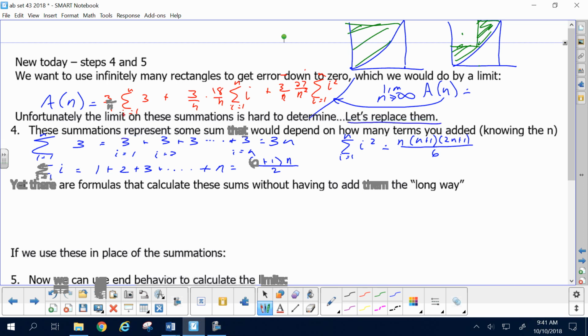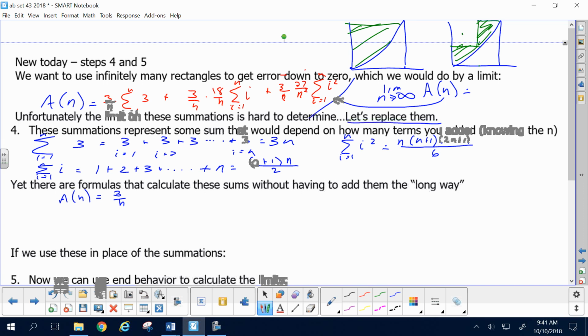All right. Now, if each of these is equivalent to those summations, then I can use each of those in place of them in my formula. So 3 over n, and in place of that guy, I'm going to use 3n. I don't know the purpose behind my colors.